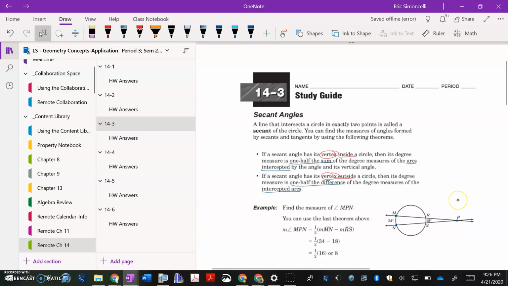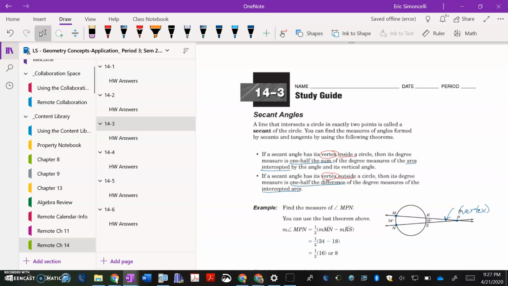So this angle right here, angle MPN, is what's being asked to be calculated. So it says you can use the last theorem or second theorem above, which again, if you recall, spoke to the vertex outside the circle as opposed to inside. So point P is the vertex of the angle that we're trying to figure out here.